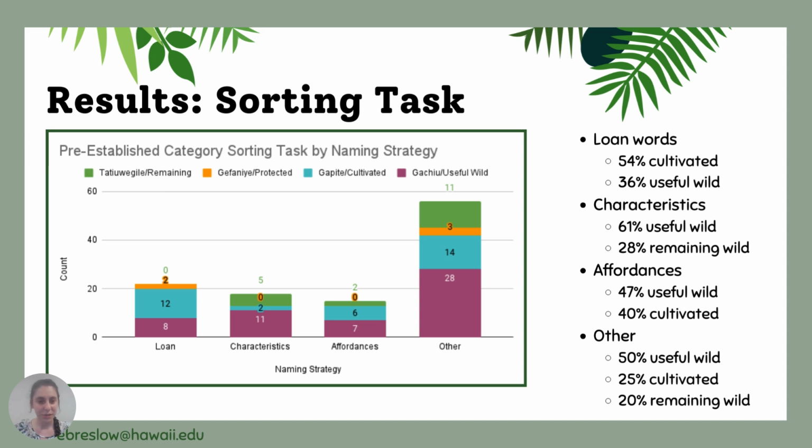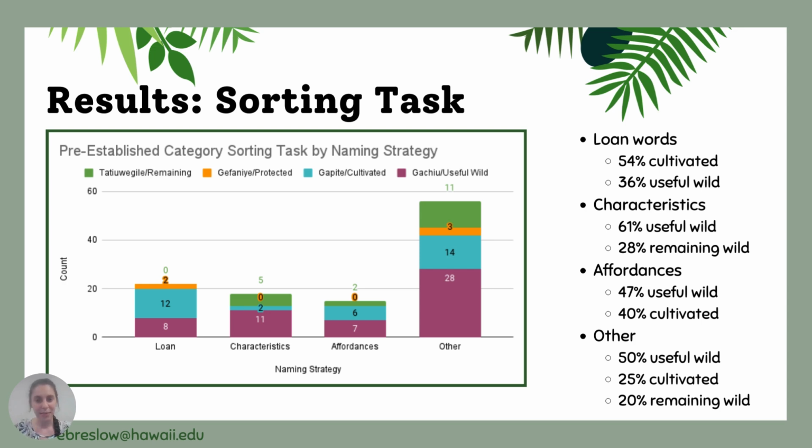Moving now to the results of the sorting task, here you can see those 4 pre-established categories of remaining plants, protected plants, cultivated plants, and useful wild plants, and the 4 naming strategies of loanwords, characteristics-based names, affordance-based names, and that other or unanalyzable category.